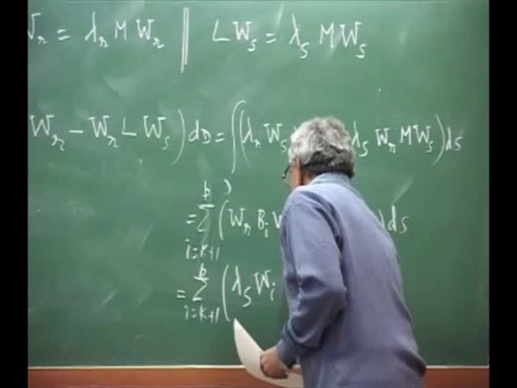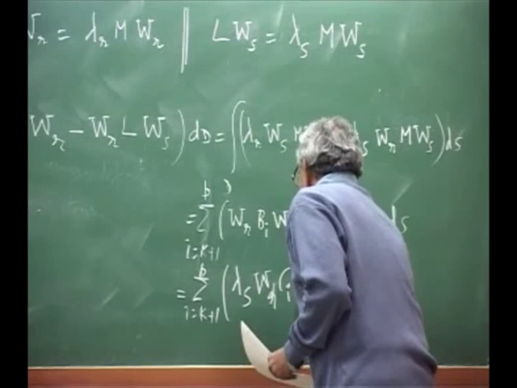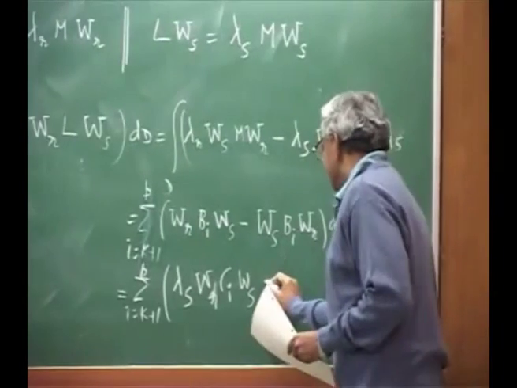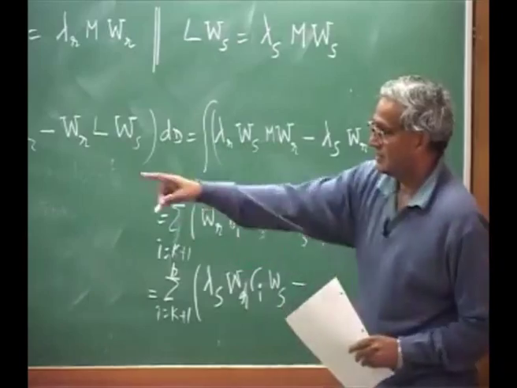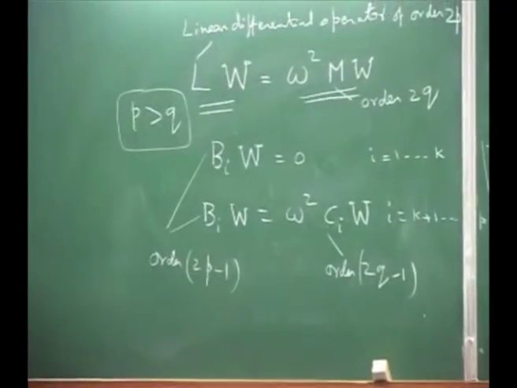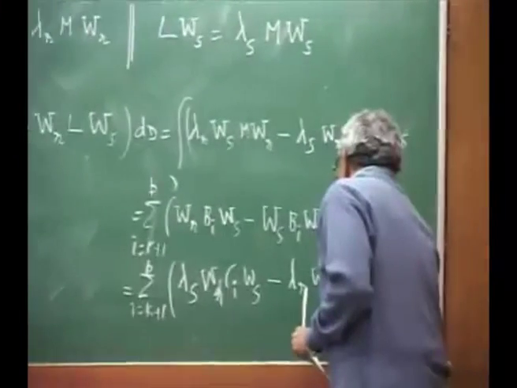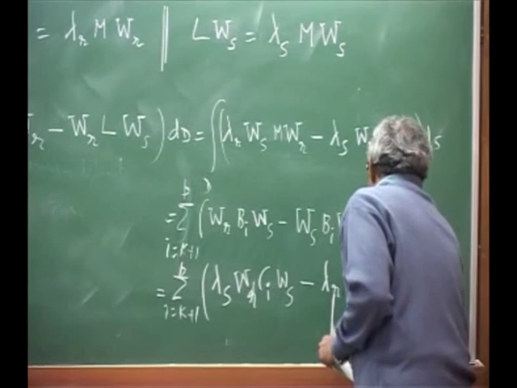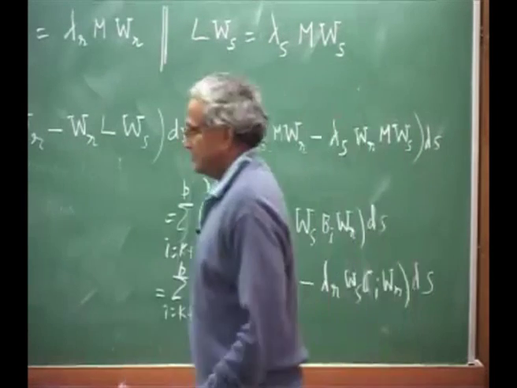Wr Ci Ws. Same thing here, minus Ws remains the same, BiWr, that is again lambda r Ws BiWr, not Bi, Ci, right? Ci dS. Okay.